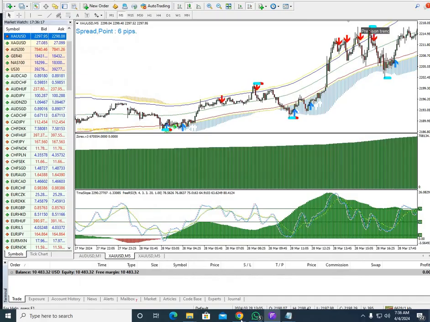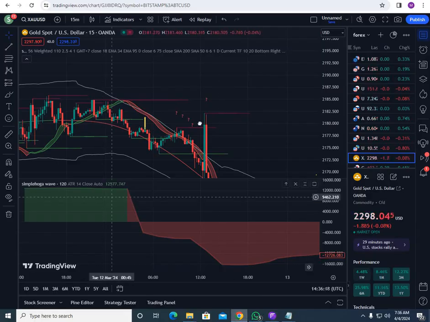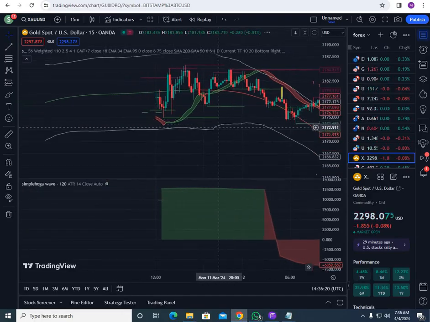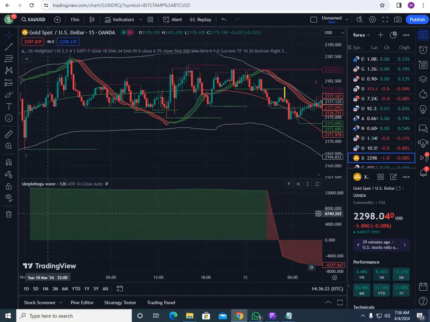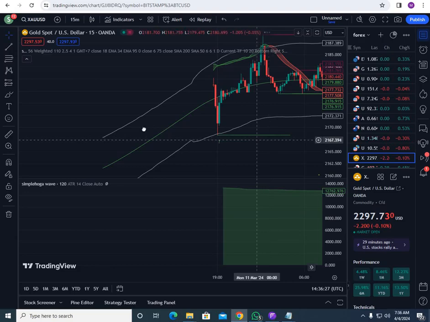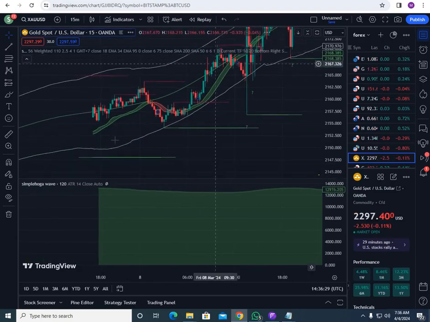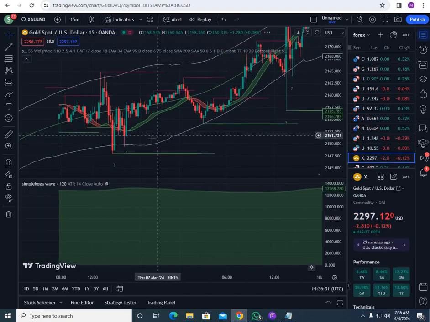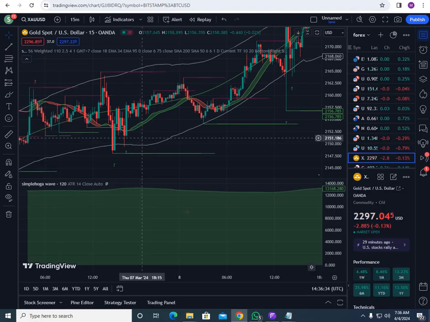We are talking about this one, and it will identify the trend, either buy side or sell side, and you go for the buy trade or sell trade accordingly.